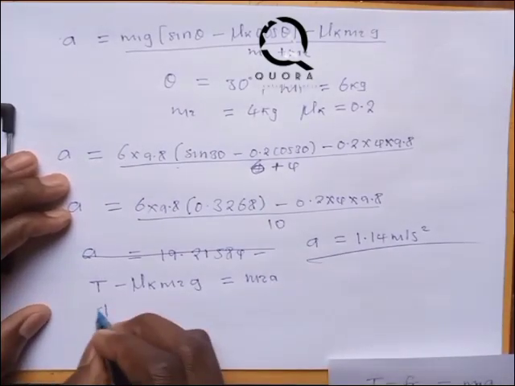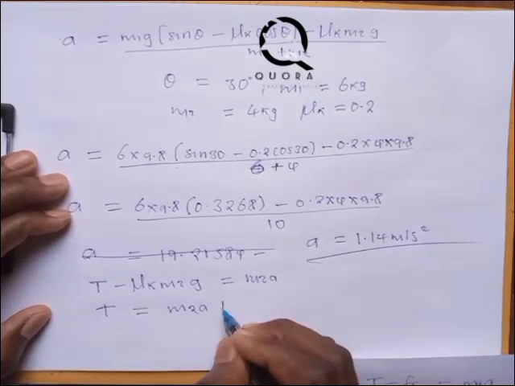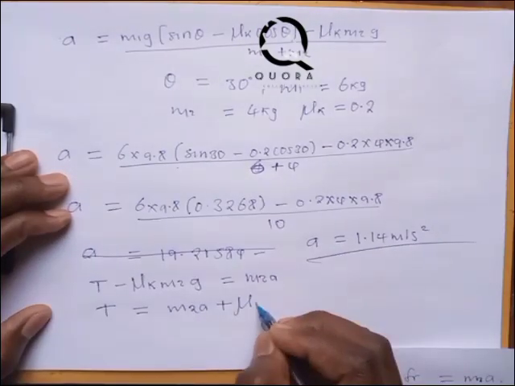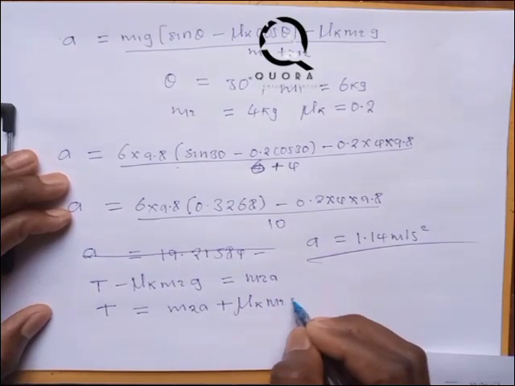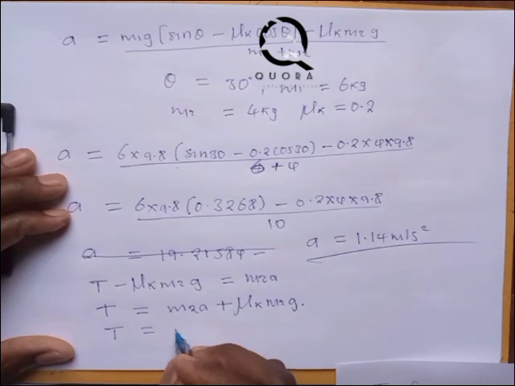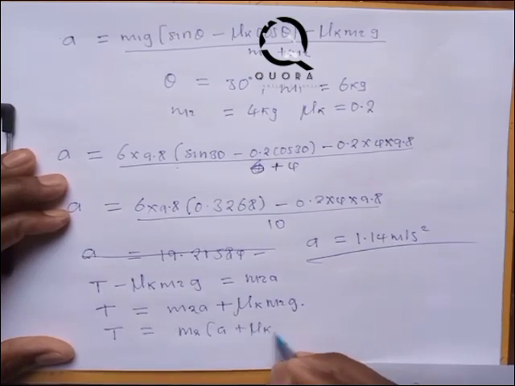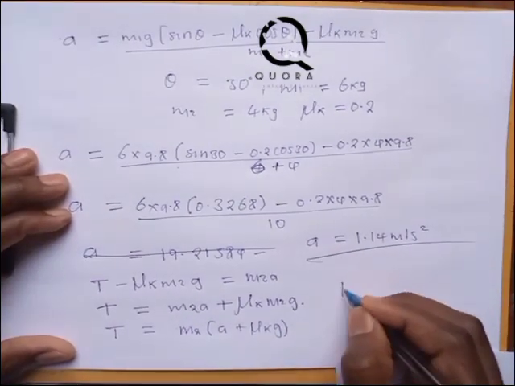Take this one to your right-hand side. Tension is going to be equal to M2 a plus mu K M2 g. I can factor out M2, so tension is equal to M2 (a plus mu K g).